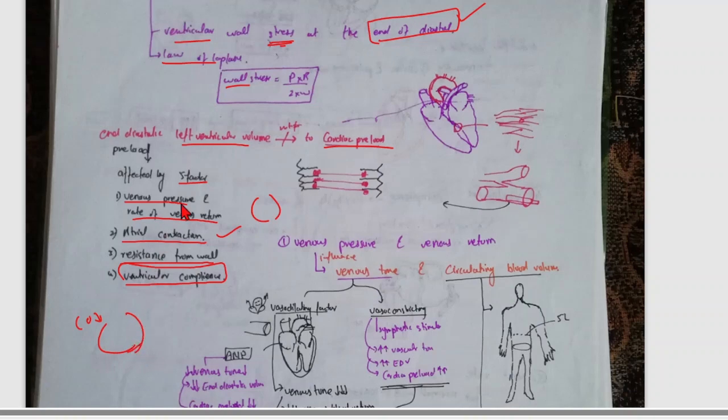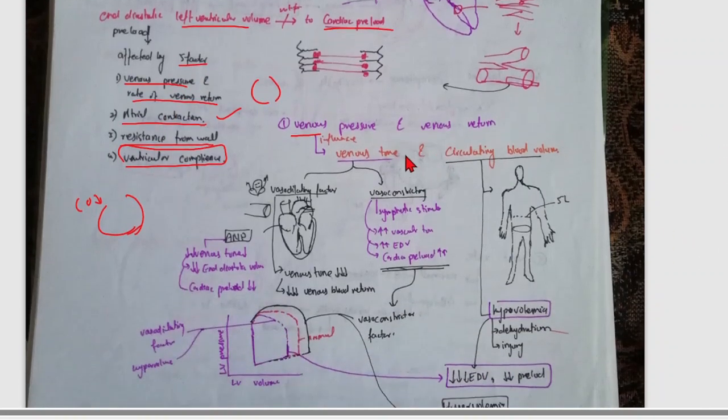less. Okay, now the first thing is the venous pressure and venous return. It is so simple. Venous pressure depends on venous tone, which has one vasodilating factor and another vasoconstricting effect, and also the circulating blood volume. We will explain. Now first, venous tone. Vasodilating factor: if more blood comes here, ANP is released.